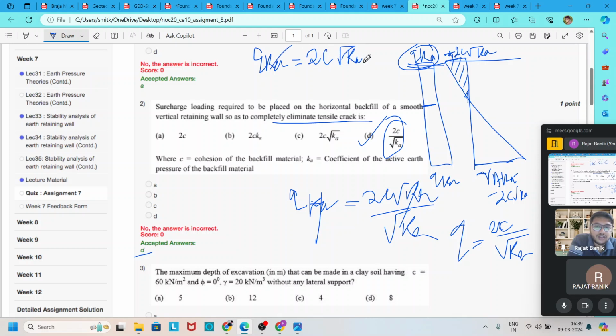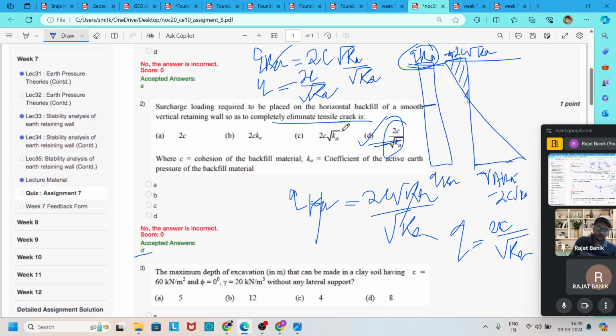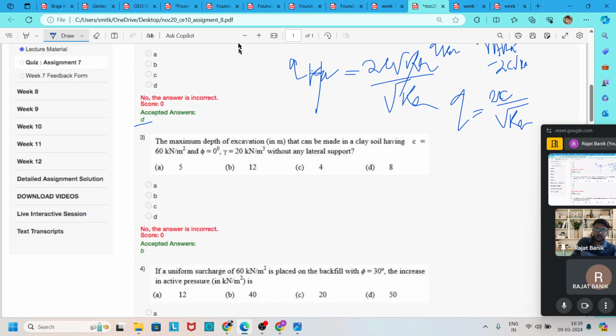So it is cancelled, it becomes 1 by root over Ka, and then 2C by root over Ka comes out. So the answer is option D. Now I think it is understood by everyone. Now we move on to question number 3.